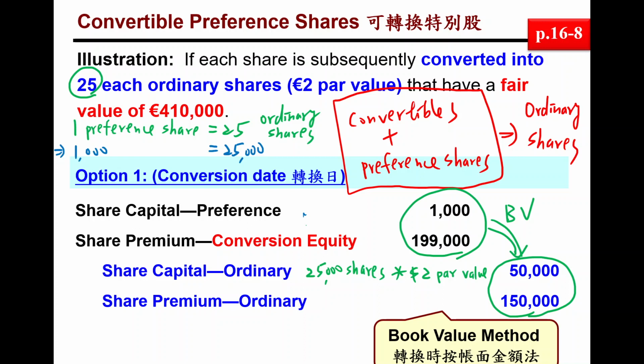Preference shares become ordinary shares.